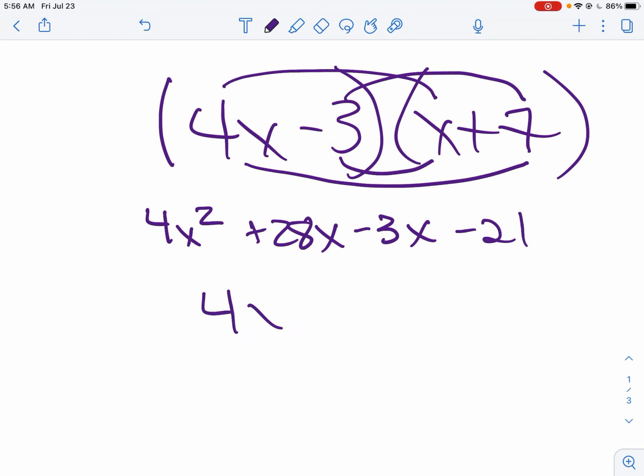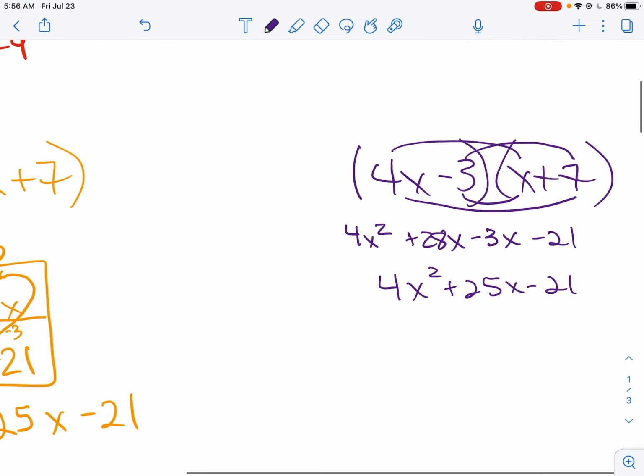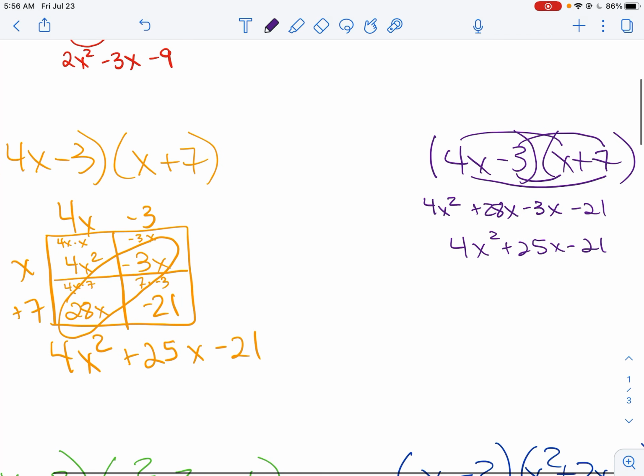I combine like terms. And I get 4x squared plus 25x minus 21. Is that the same thing that I got over here? That is the same thing I got, whether I did it box method or whether I did it distributive property. It does not matter which way you do it.